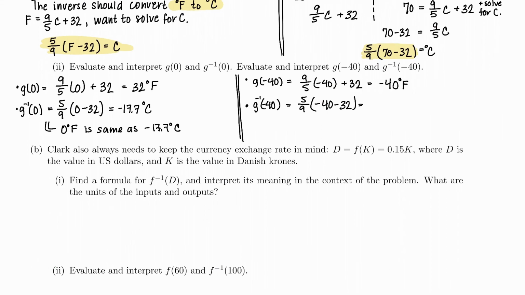We'll put that in the calculator, and we get negative 40 degrees Celsius. So the interpretation of this is negative 40 degrees Fahrenheit is the same as negative 40 degrees Celsius.